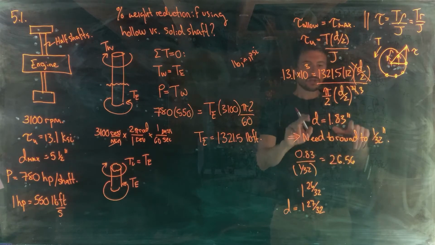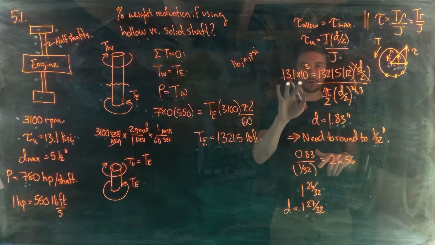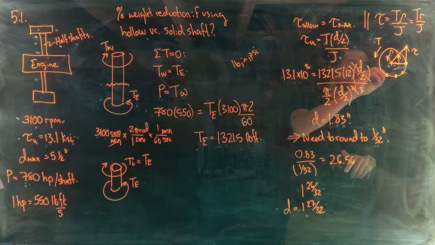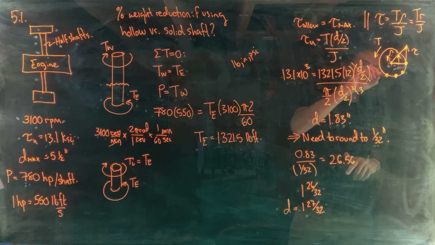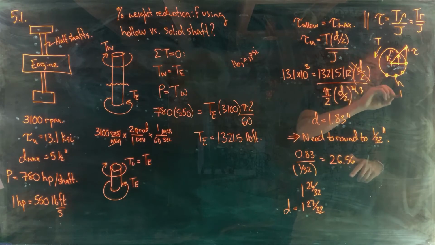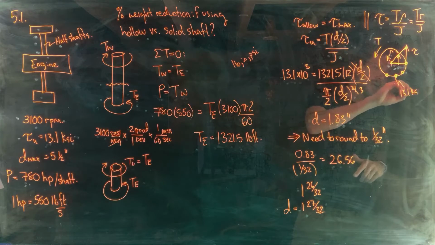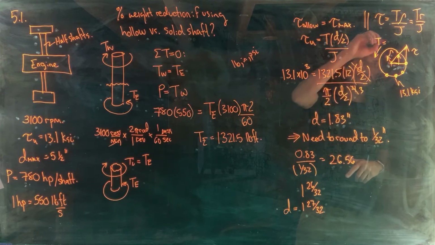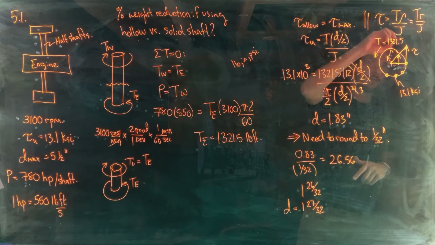So then we're just getting the diameter that the shaft needs to have in order for the maximum stress, which would be the stress on the circumference, to hit a value of 13.1 KSI when the applied torque is 1321.5 pound-feet.